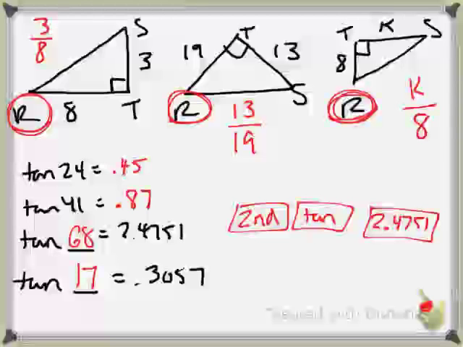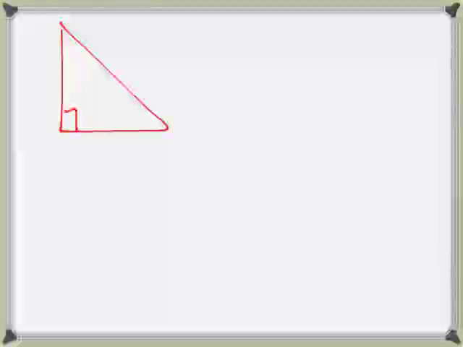I want to look at a couple more that will show you some things that you're going to see on your homework. So if I have a triangle and I'm missing the angle, let's say, I can set up a tangent function that will allow me to find how big that angle is.